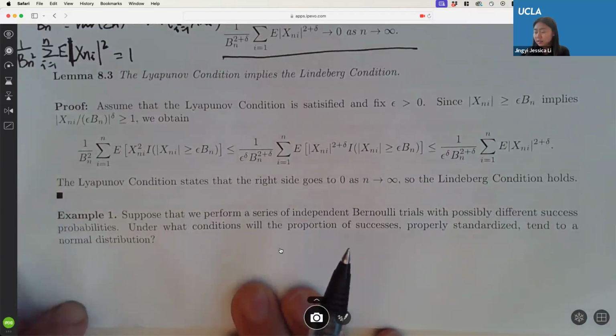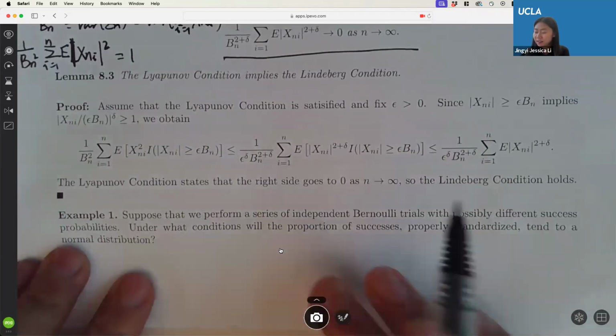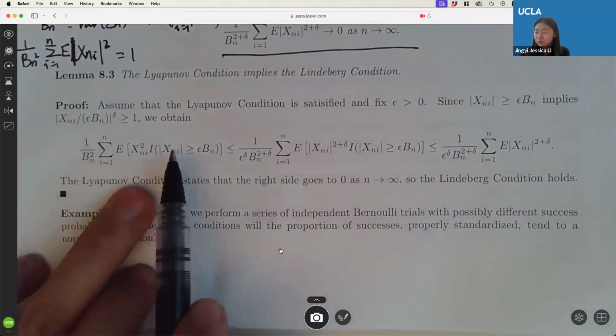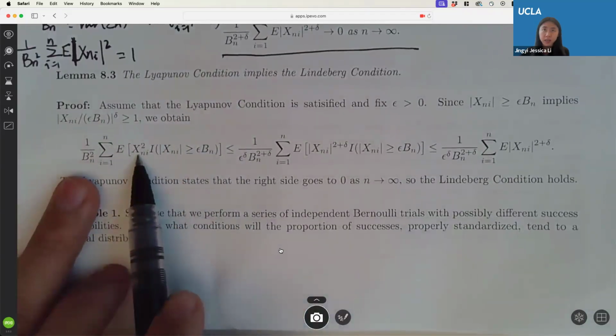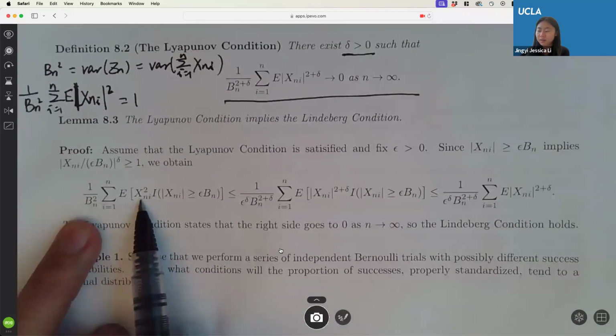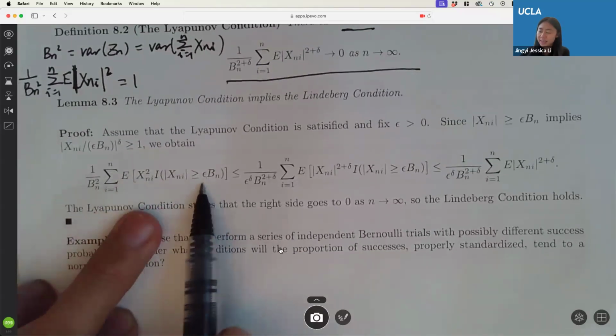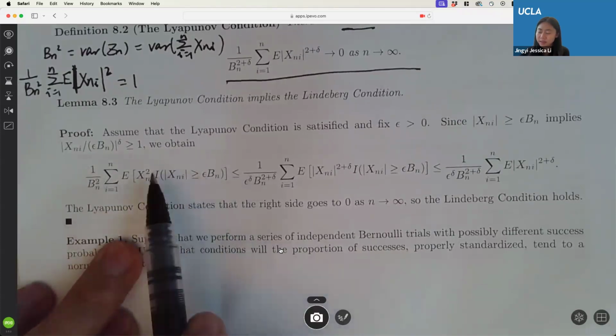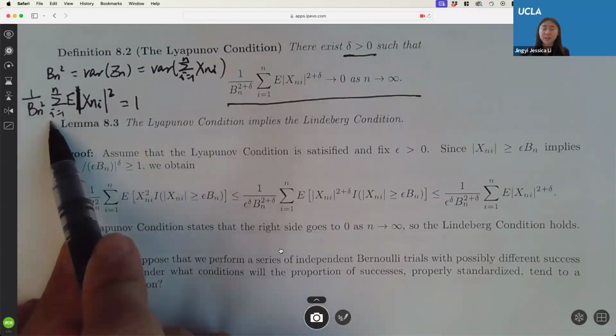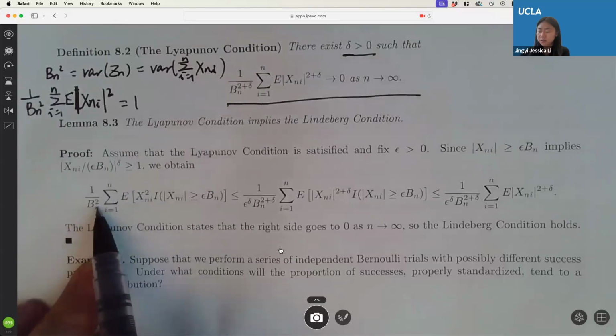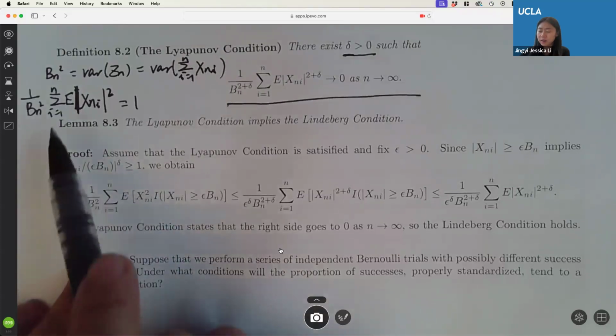But you can also see why I cannot drop this indicator just from here. Think about it another way. You say the indicator can always be bounded by 1. Why can't I just set this to 1? Because in this case, if it's just the square here, it's 1.